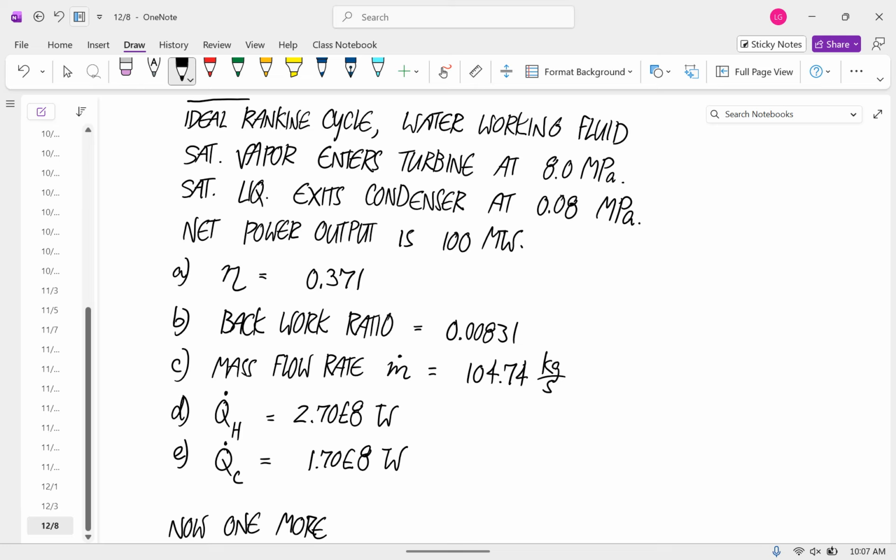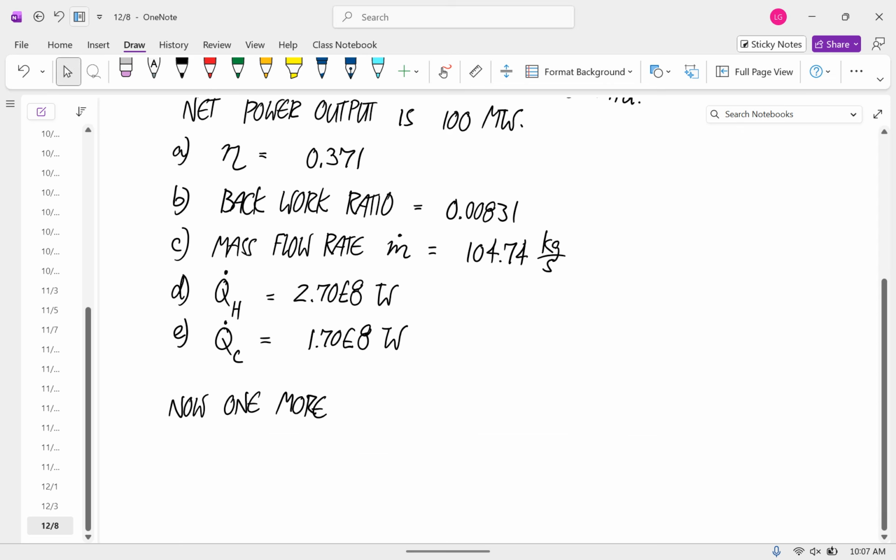And those values are the specific enthalpies at each one of those states between the processes. So you see a problem like this, ideal Rankine cycle, you don't even have to bother to look at what it's asking you. You just know that you're going to be trying to calculate those specific enthalpies. You can't really do anything until you have those. And so now there's one more question we can ask.